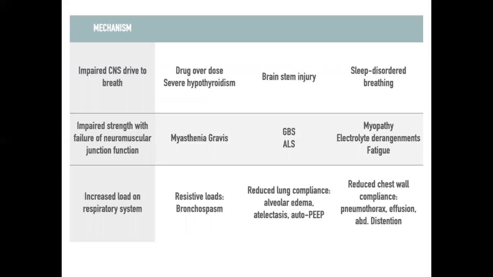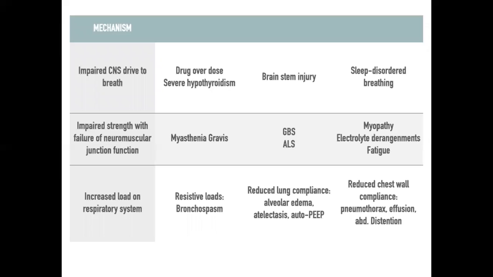Maybe it's coming from the brain. There's an impairment in the drive to breathe, which is common when the patient has overdosed. In substance abuse, drug overdose could produce this scenario. Otherwise, think of severe hypothyroidism. There might be a brainstem injury, or the patient could have sleep disordered breathing.